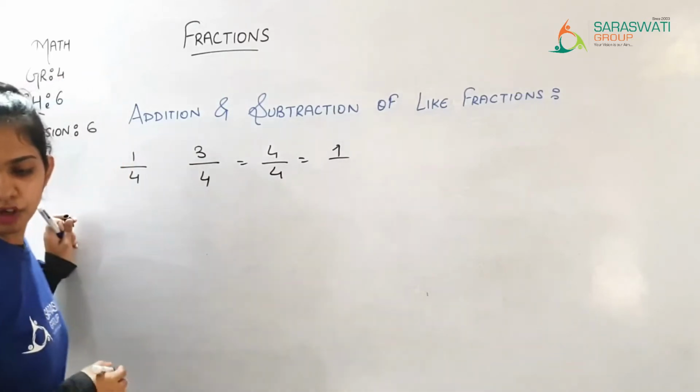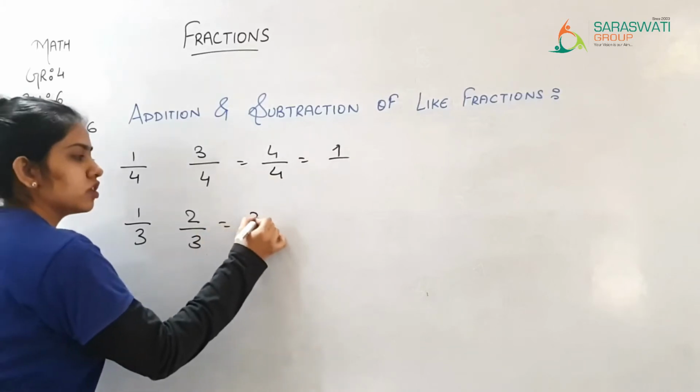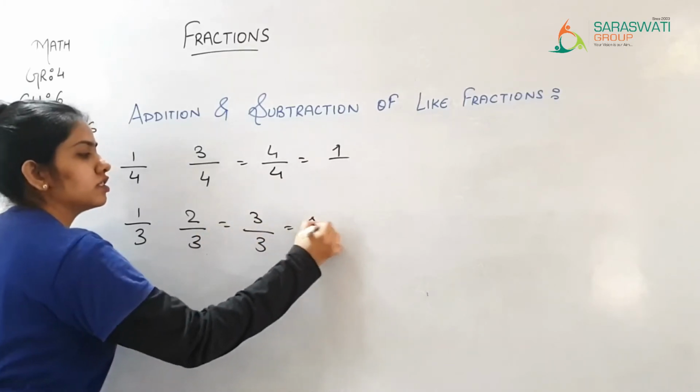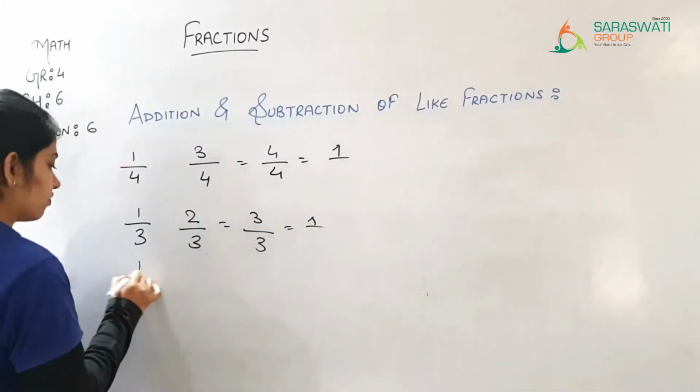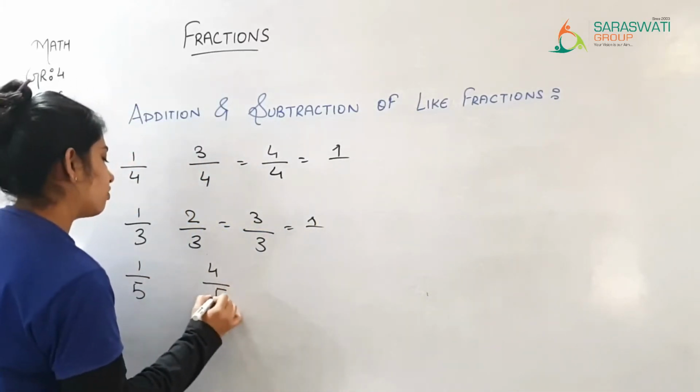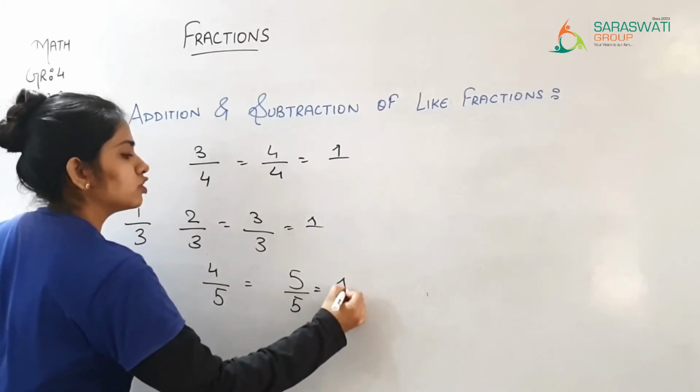Then 1/3 and 2/3. So 2 plus 1 is 3, 3/3 equals 1. Then 1/5 and 4/5. So 4 plus 1 is 5, 5/5 equals 1.